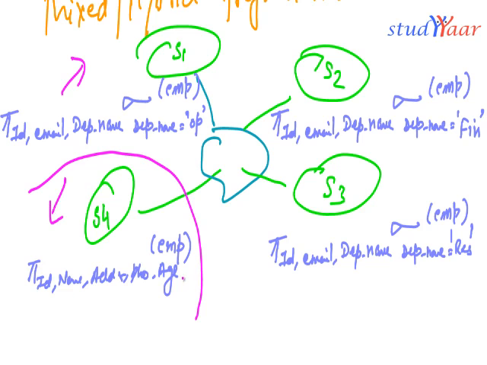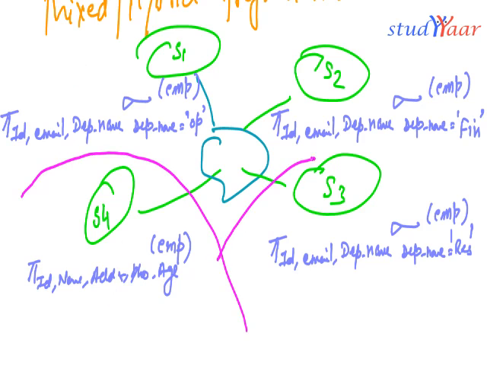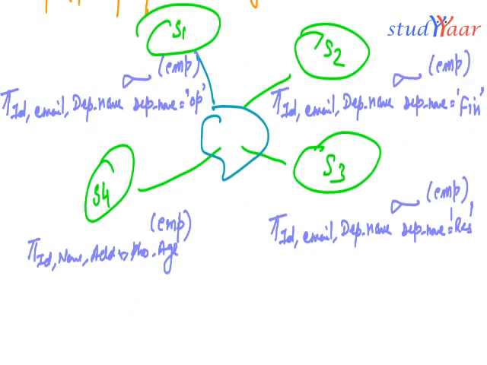Because here I have all the rows with these attributes, and in this part, that is S1, S2 and S3, I have all the rows with these attribute lists. And similarly I have horizontal fragmentation between S1, S2 and S3. Since I have a combination of all these over here, I call this a mixed or hybrid fragmentation scheme.